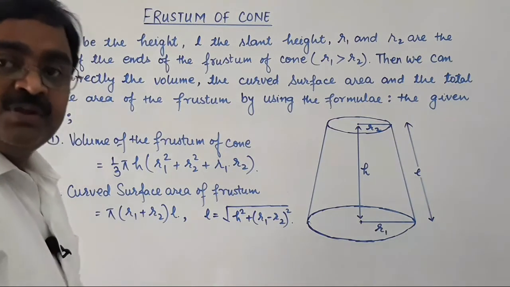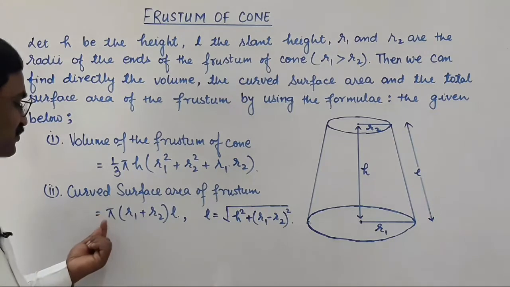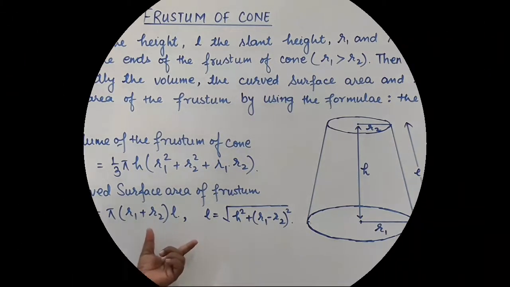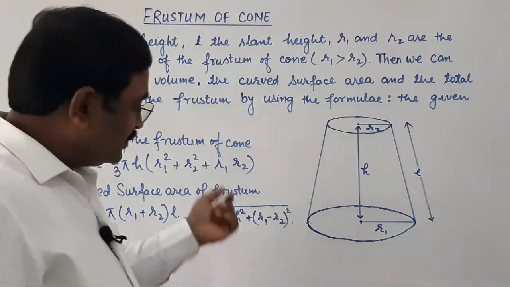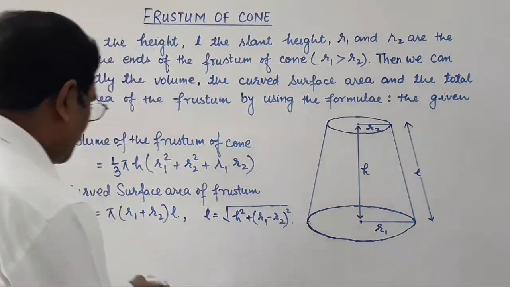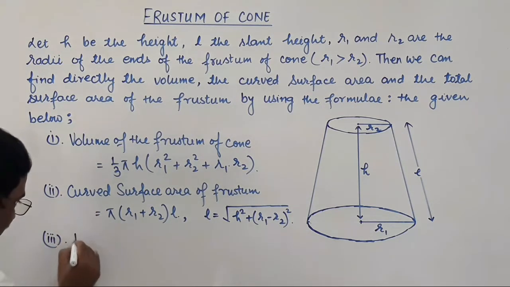So to find the curved surface area of this frustum directly, we have to use pi into (R1 plus R2) into L. So friends, third is remaining, which is the total surface area of the frustum of cone.